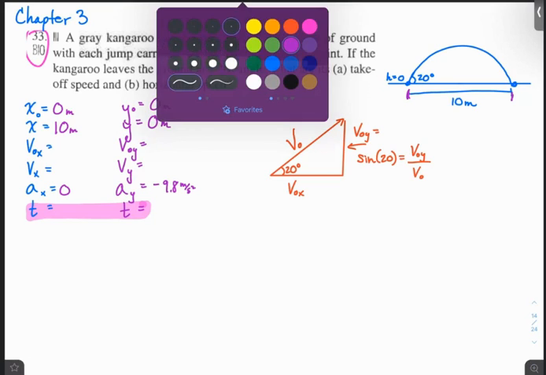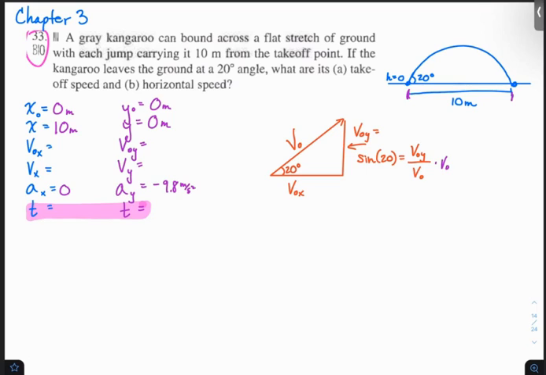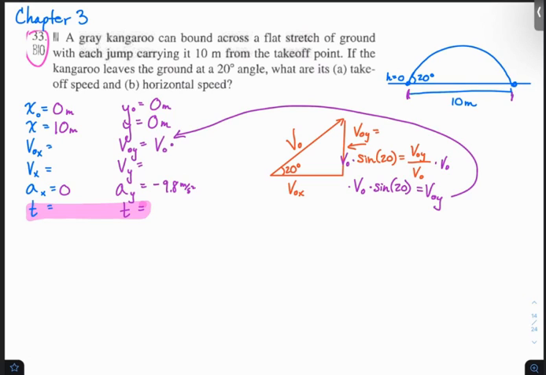I'm just going to multiply both sides times v naught, and I end up with v naught times sine of theta, or 20 degrees, is equal to v naught y. All right, so now I have this. I can take that and plug it in here for v naught y. So I know it's not a number yet, but I do know something about it.